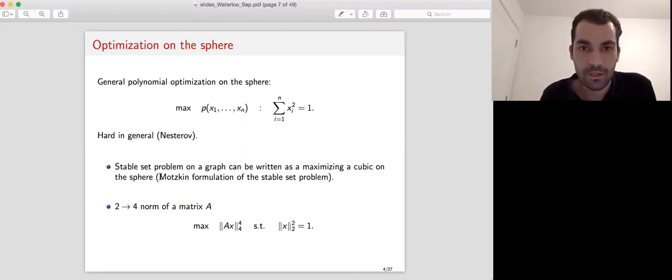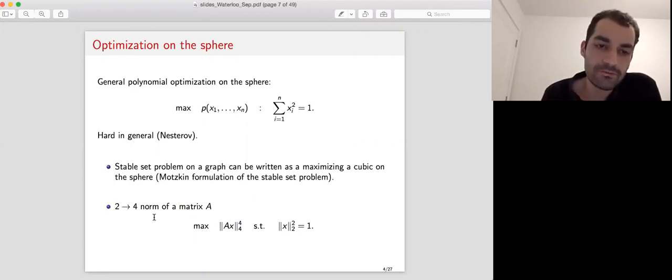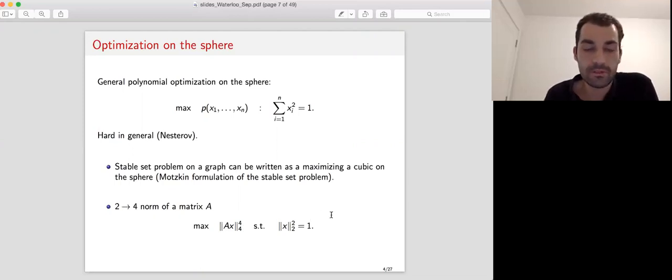So the NP-hardness of stable set allows you to show that optimization on the sphere is NP-hard. Another nice instance of polynomial optimization is the problem of computing norms of matrices. If you want to compute the 2 to 4 norm of a matrix, that can be written as the problem of maximizing a degree 4 polynomial on the sphere. Okay, so that's another standard optimization problem.